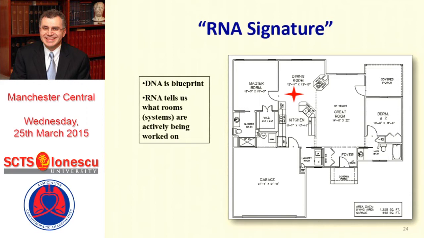We've been working on it for a number of years. What I'll show you now, we have replicated in a completely different set of patients, so we feel more confident about it. Of course, the DNA is the blueprint of your body, like the blueprint of your house, but the RNA are the worker moieties that actually do the building and the reconstruction, whether it's the dining room, garage, or other part of the blueprint.